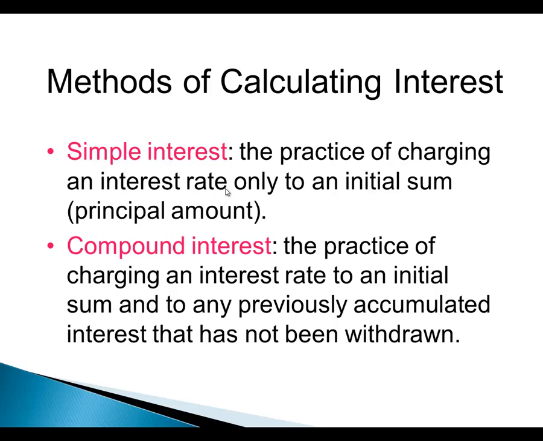In this case, we will be charging interest only on the initial sum, what we called before the principal. The second method is called compound interest. In this method, we charge interest on the initial sum and on the accumulated interest that has not been withdrawn from the account.